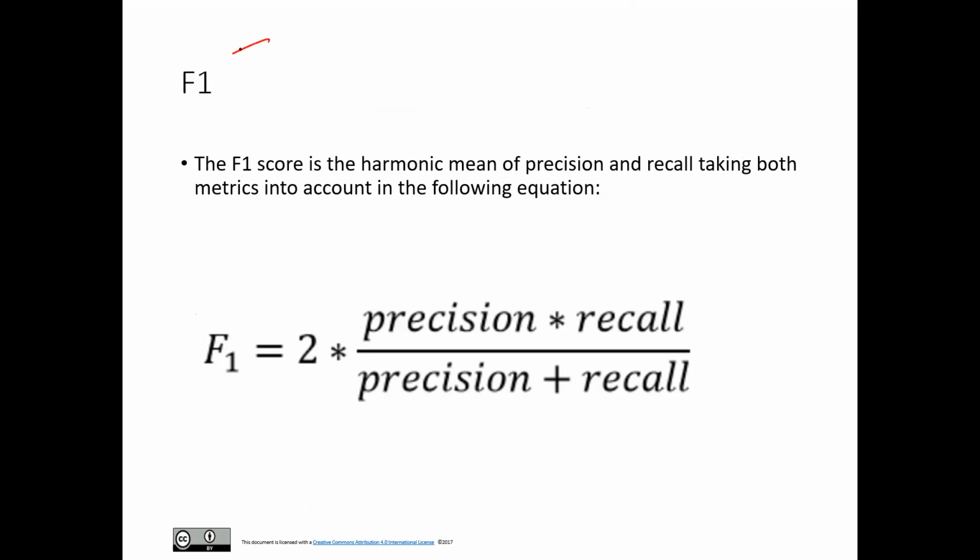So the F1 metric is basically, intuitively we would know that it is a combination of calculating precision and recall, running it through this equation, and then we have our value. The F1 score is what is called the harmonic mean of precision and recall, taking both metrics into account in the following equation, okay?